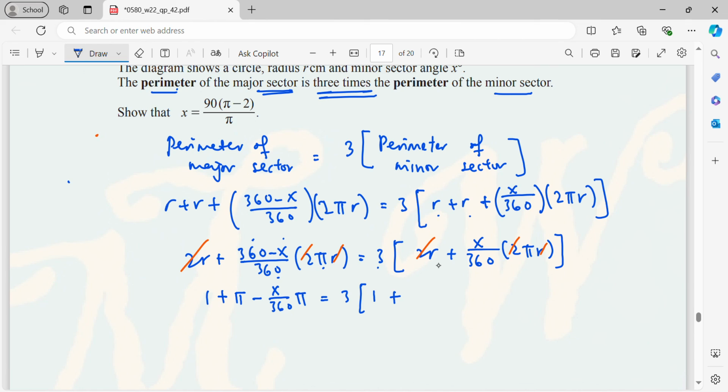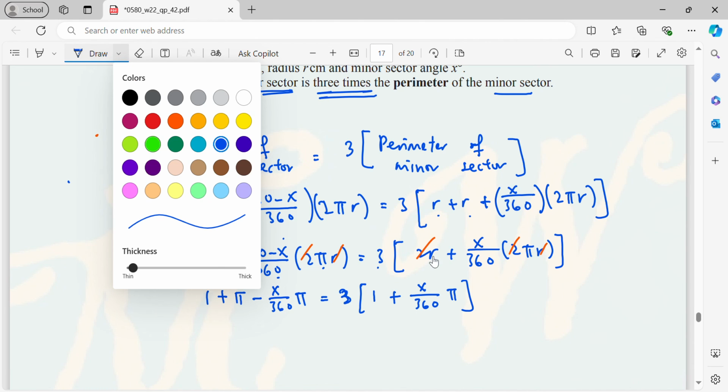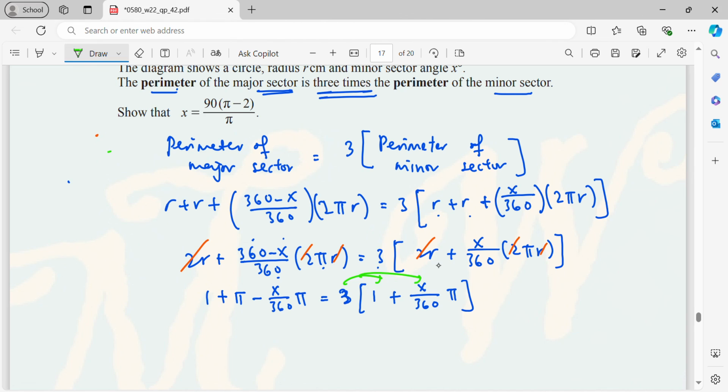Then plus X over 360 pi. Then the 3 on the right side, you can just multiply into the brackets. Then here I will be getting equals 3 plus 3 over 360 x pi. Then here 1 plus pi minus x pi over 360.